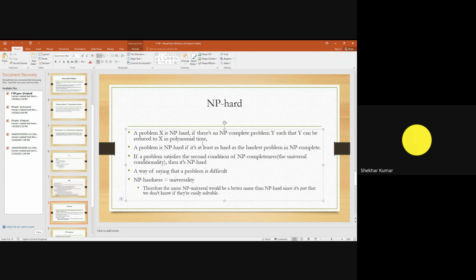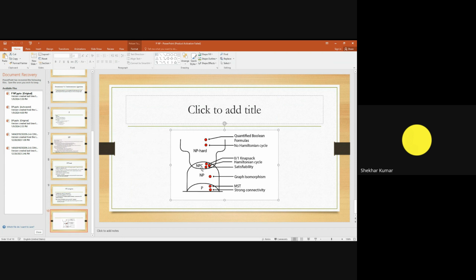It means in the graph, if this NP problem is reduced to your NP hard in polynomial time, then these types of problems are the hardest problems in NP. It takes a long time to check whether it is right or not.